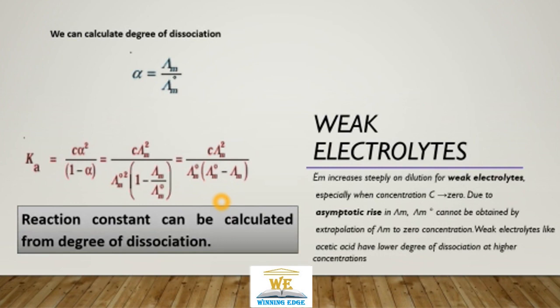The dissociation constant can be calculated from the degree of dissociation. So this is the way we can calculate our degree of dissociation first, then the dissociation constant from it. So that's why we told at the very beginning, in analytical chemistry, these conductivity measurements have a huge role.